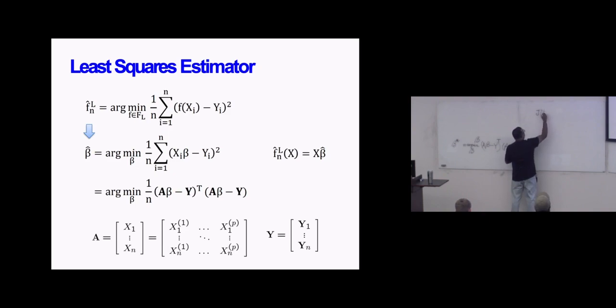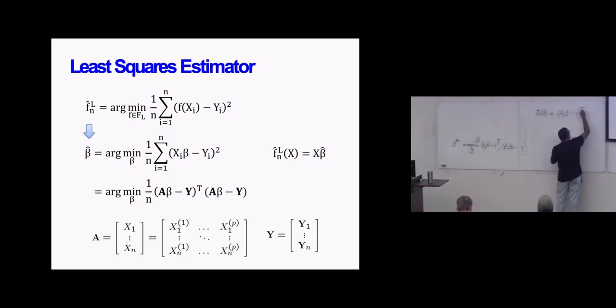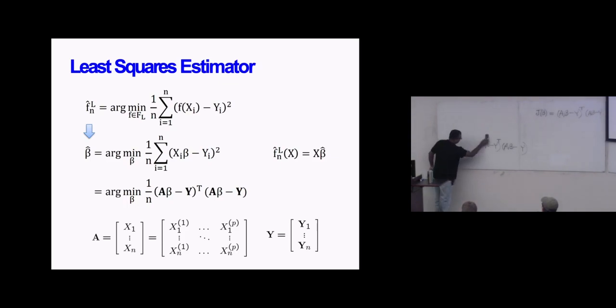The function that we are trying to minimize is essentially this, A beta minus y, times A beta minus y, right? This is our function, the same function. This is what we want to minimize with respect to beta, because we don't know beta and we are doing linear regression.